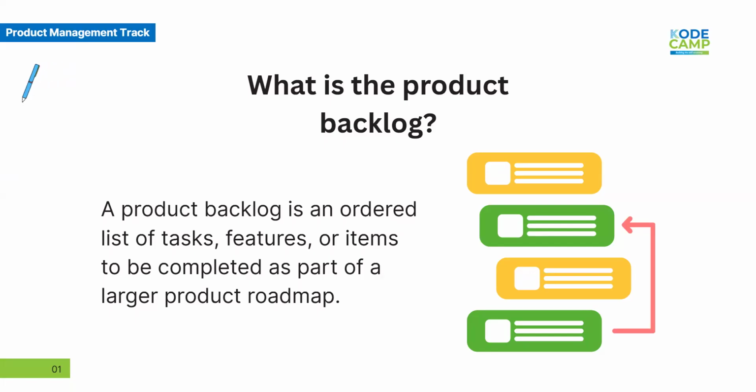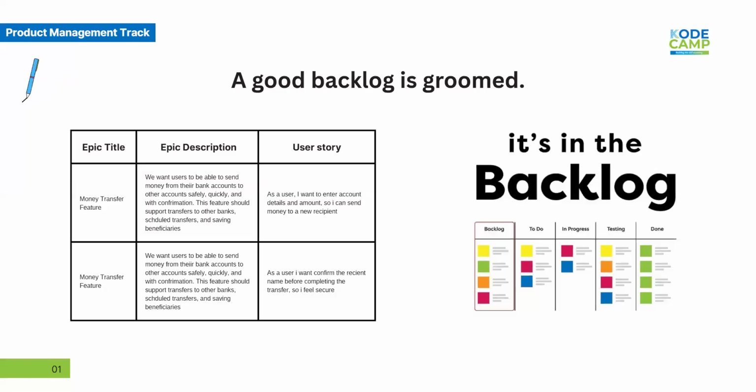Why do we need it? Because, like I said, after you've broken down your epics, you need a place to keep those stories. Not just to keep them safe, but to organize them, to prioritize them, to say, here is what matters the most right now, and this is not urgent just yet, but let's have it here. So that is where your backlog comes in.